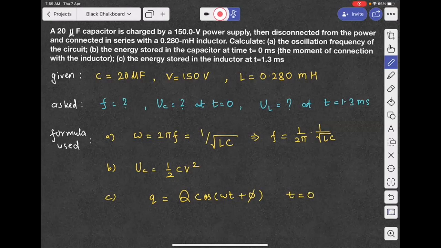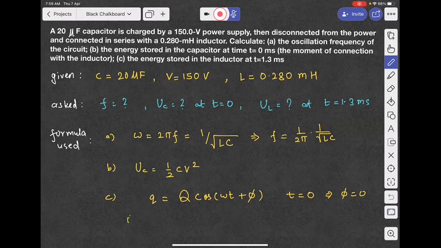You can see that the capacitor was firstly charged, then disconnected and connected in series to the inductor. So at time t equal to 0, our charge is 0, and hence phi is also 0, because this phi depends upon our initial conditions.